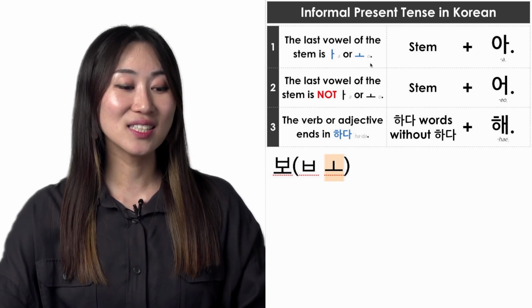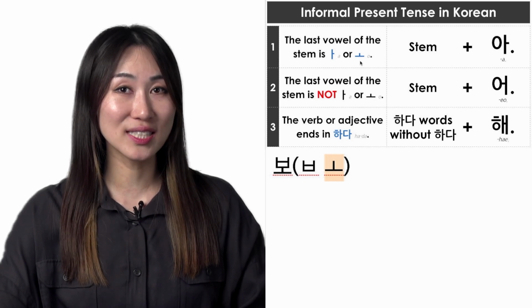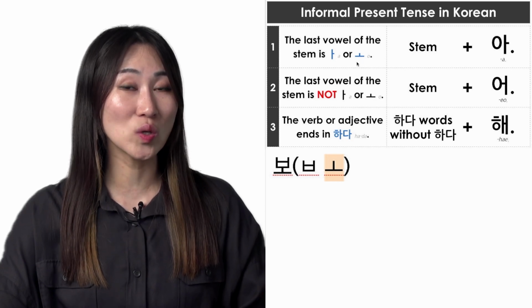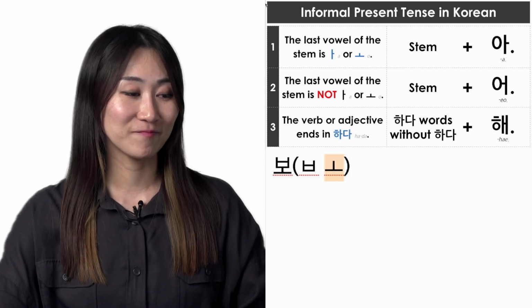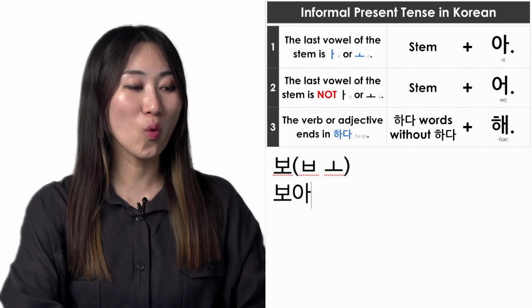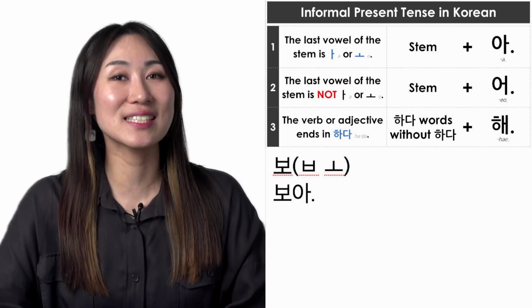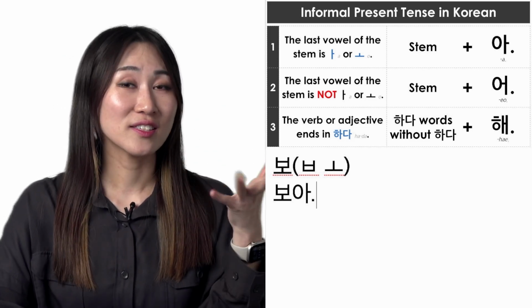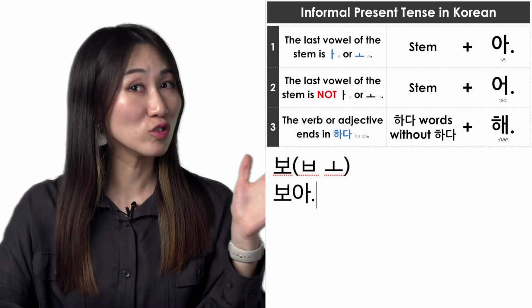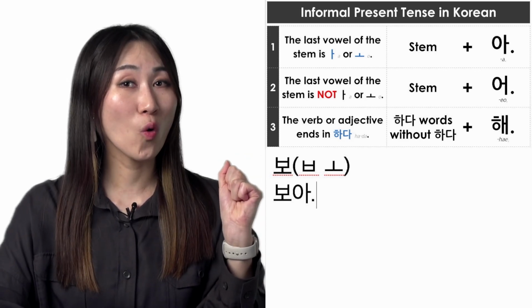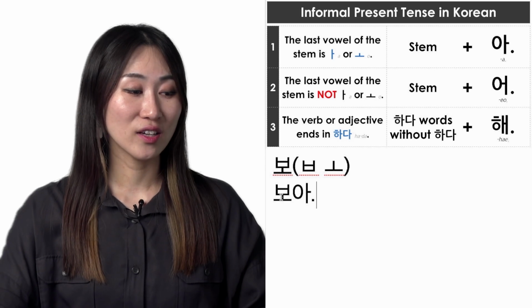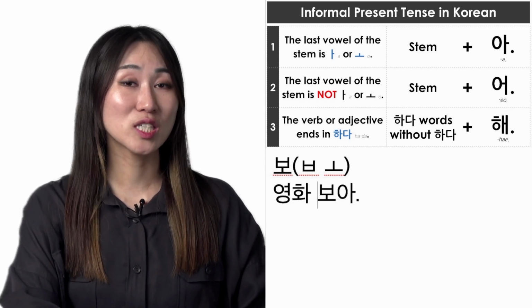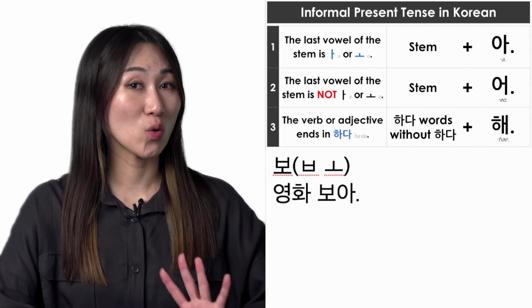Since it contains the O sound, the last vowel is the O sound, I'm going to use 아, as in 보아. For example, my friend is asking, hey Keijin, what are you doing? I can say, I'm watching a movie now. 영화 보아. 영화 means movie. 보아 means I watch.